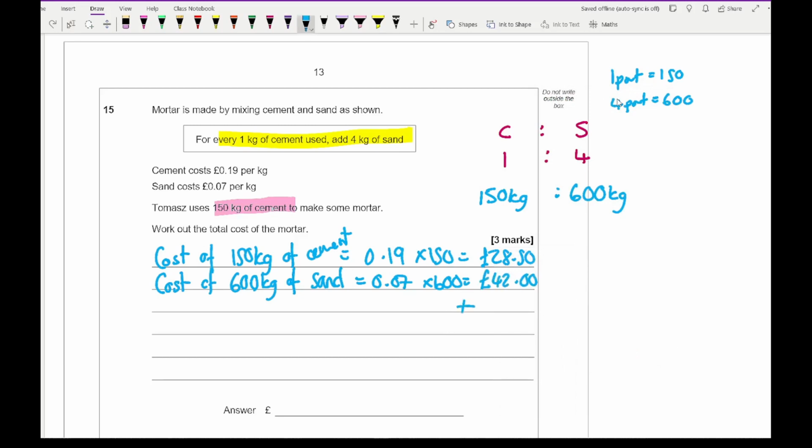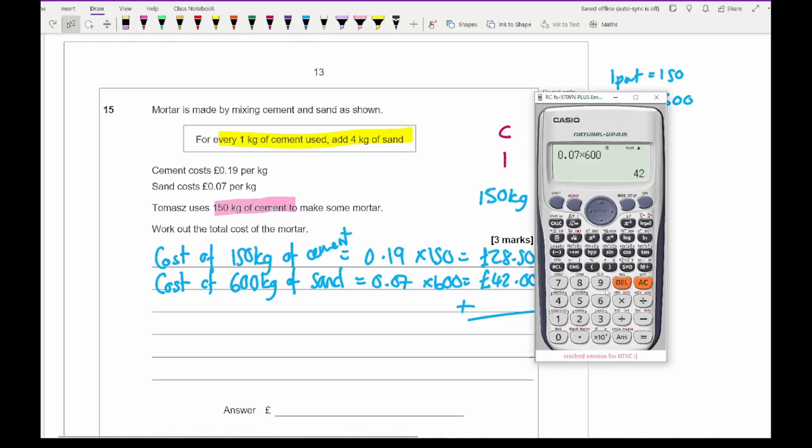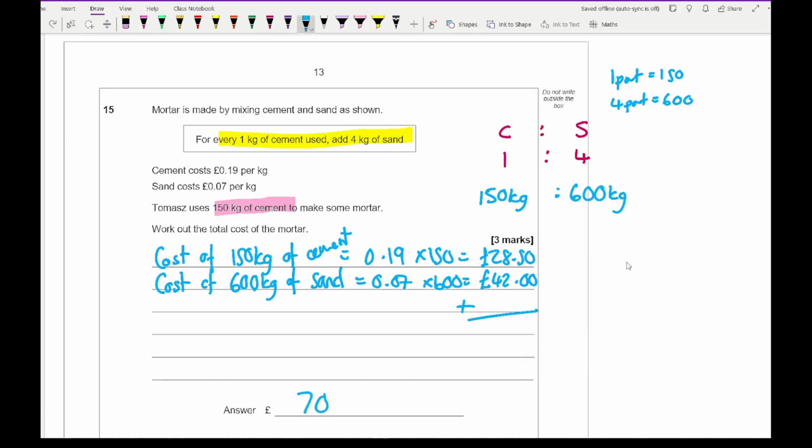And then all I then need to do is add those two amounts. So 42 plus 28.50 equals a total of £70.